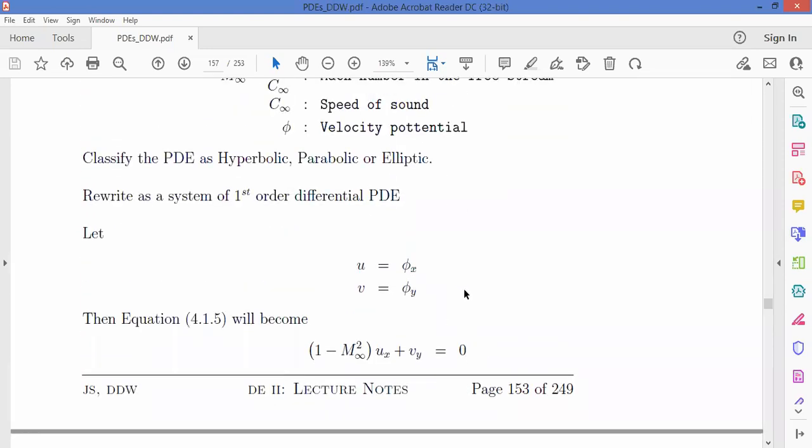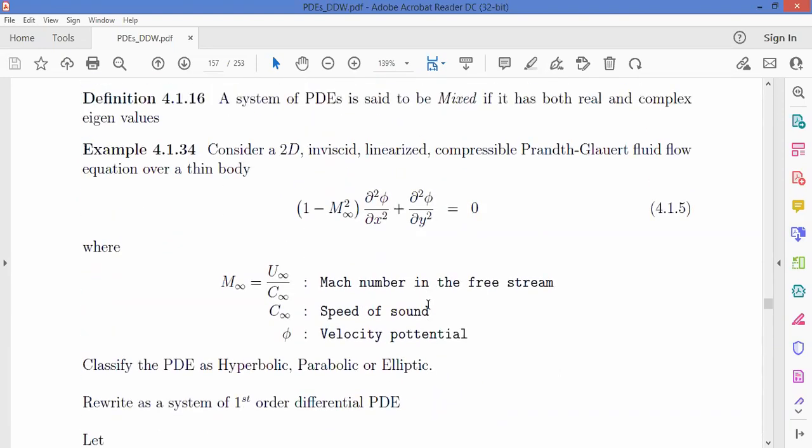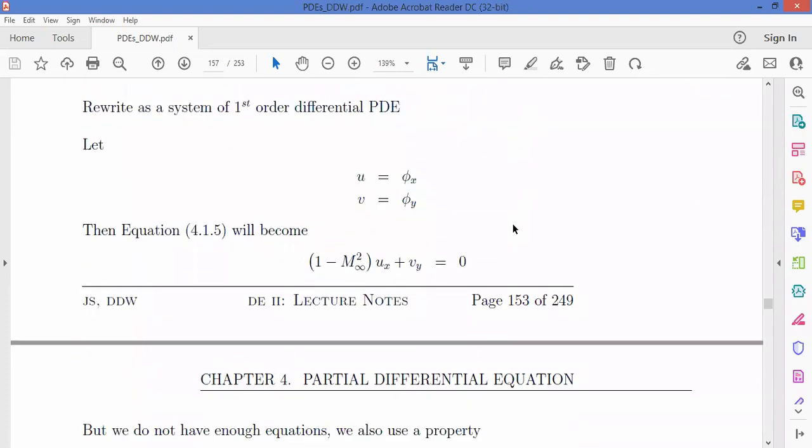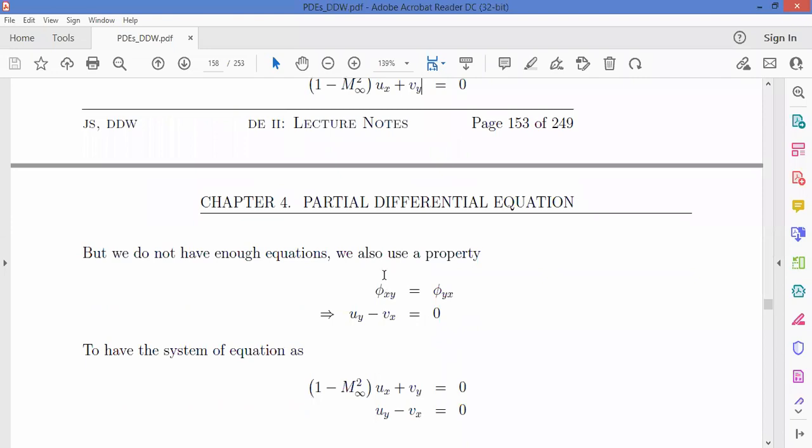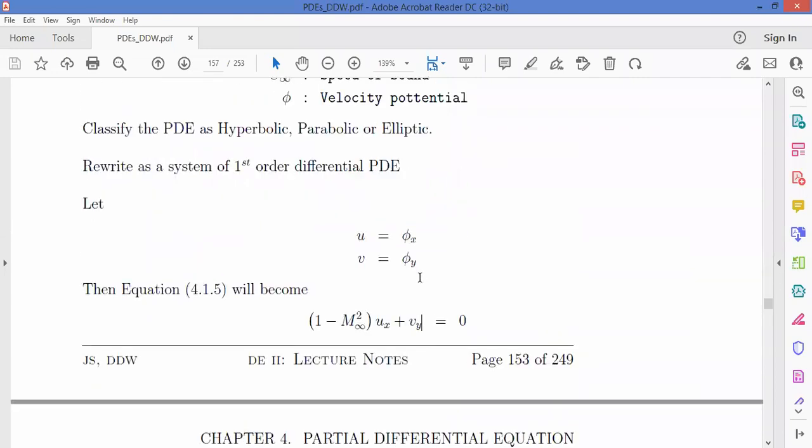Why? If you look at this and this, you have this, you have that. Why is that the case? Remember, you have this plus that, which is equal to 0. So if you have this and that, which is equal to 0, and we have already substituted this and this, then we can also take advantage of the other system, that is the u_i.